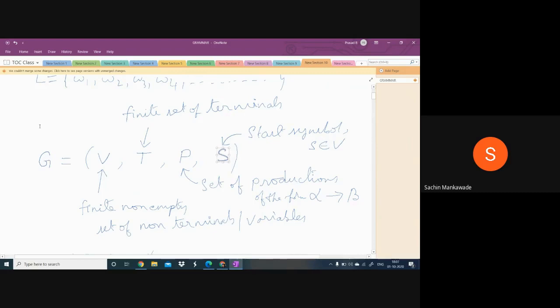Then we can define the initial symbol or start symbol as A, or B, or C, or D. So out of these non-terminals, one symbol will be the start symbol. Generally we take S, which is the reason I took S, but you can take any other letter. So it is the start symbol, meaning the grammar must start from this start symbol. Okay, copy this. What alpha derives beta means, I will tell you after you copy this.